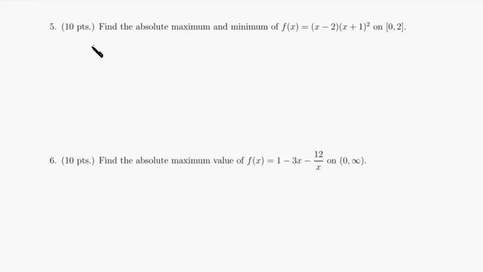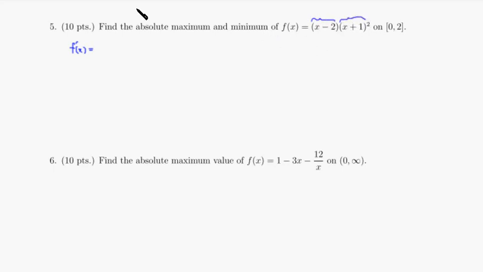First we need to find the derivative so that we can find a critical number. So take the derivative, f prime of x is equal to... So you have two things multiplied together, so it's going to be a product rule.